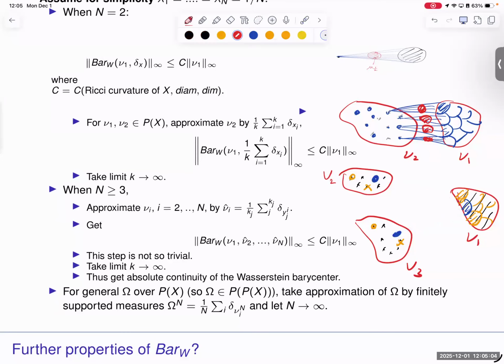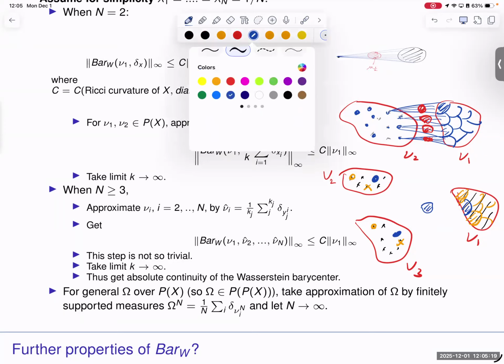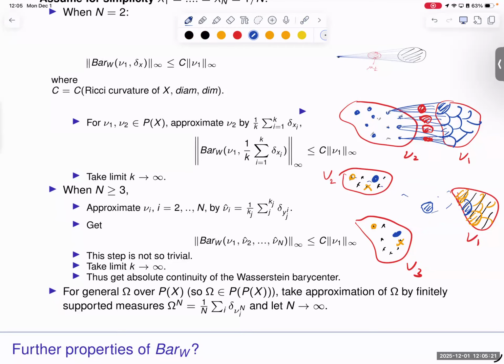When you do the Wasserstein barycenter, I have to be careful with this drawing. You have some kind of portion coming from this and this, and another one. Sorry, let me use a different color.